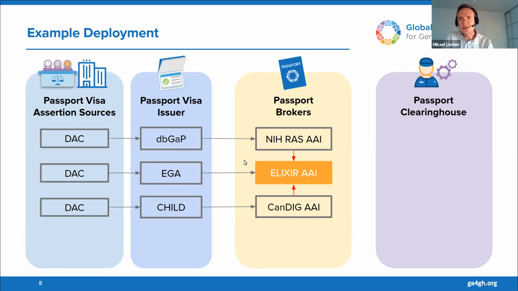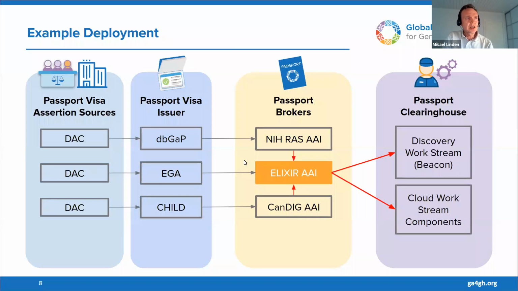So they can exchange passports and visas inside the passports, so that the relying services need to integrate to just one broker. And actually last week we demonstrated the interoperability of ELIXIR AAI and CanDIG AAI in the Geneva project, and we were able to pass passports across the Atlantic.